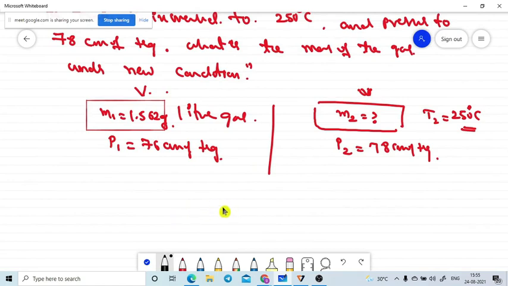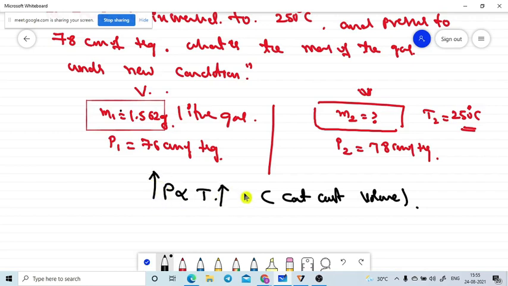It is Charles law, I hope: at constant volume, pressure is directly proportional to the temperature of the system. But here they also change the mass. If the temperature rises, pressure will rise at constant volume. But I am going to introduce one more point in the same formula.